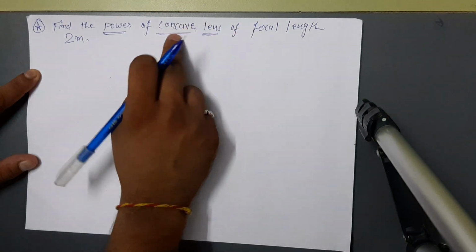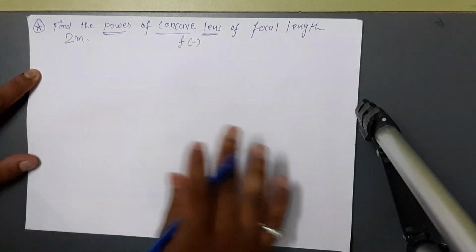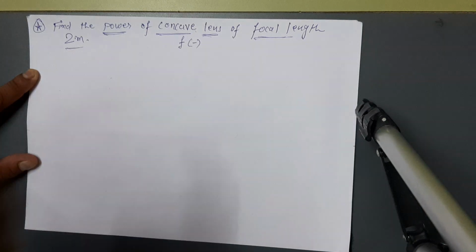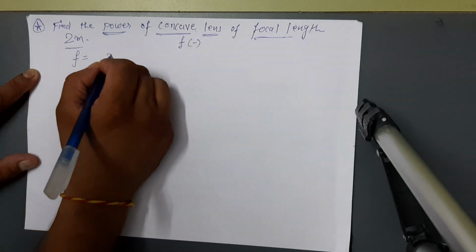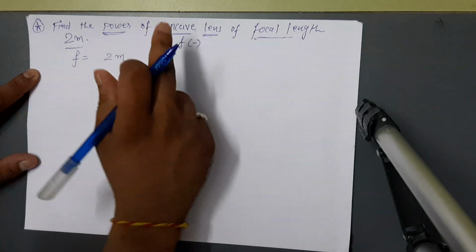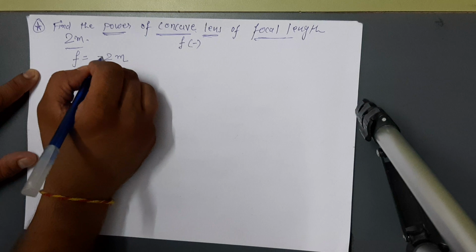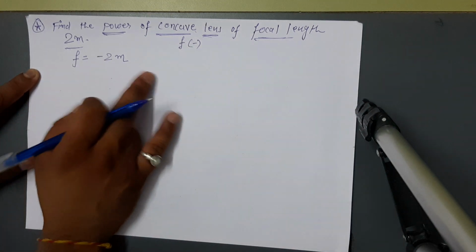Here it is a concave lens, so our focal length will be negative. The focal length is given as 2 meter. So F is given to us as 2 meter, but as it is a concave lens, it will be negative. So our focal length will be minus 2 meter.